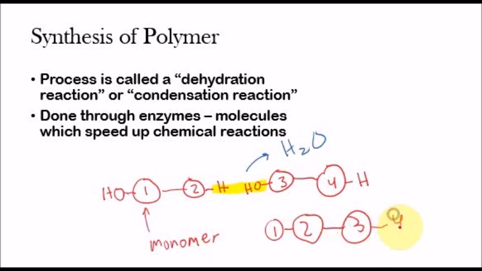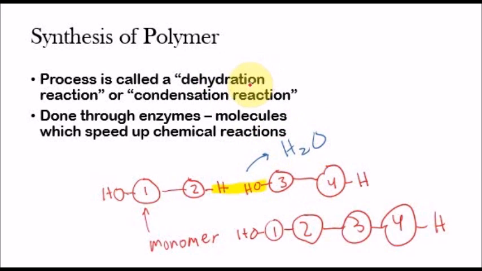We'll still have our hydrogen atom here, and our hydroxyl group here. This is called a dehydration reaction, because in order for these two small polymers to come together, we're going to have to lose water.